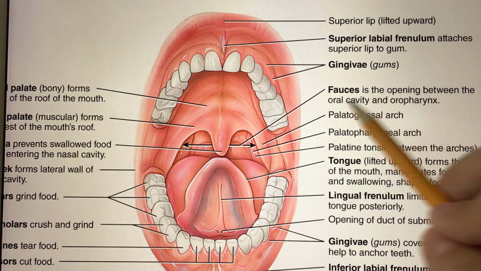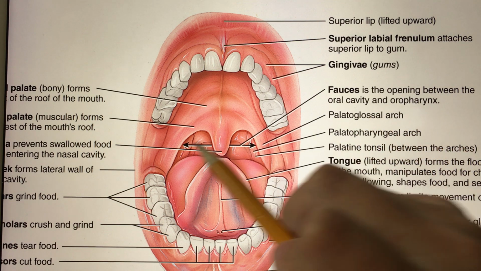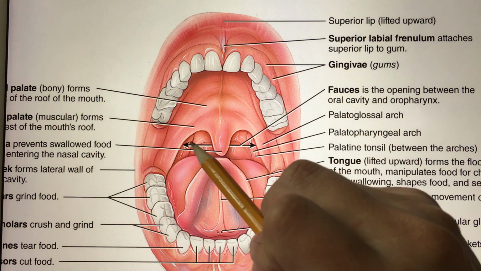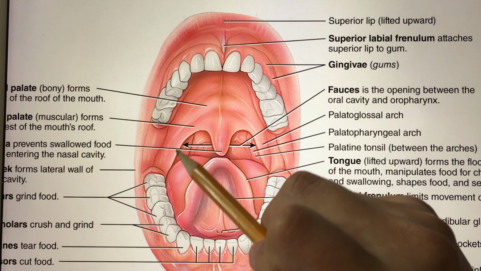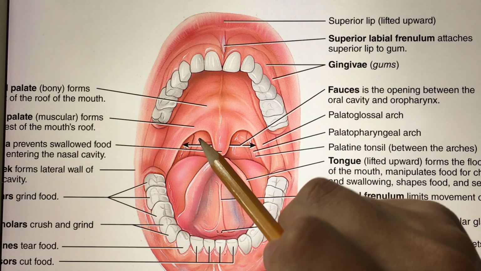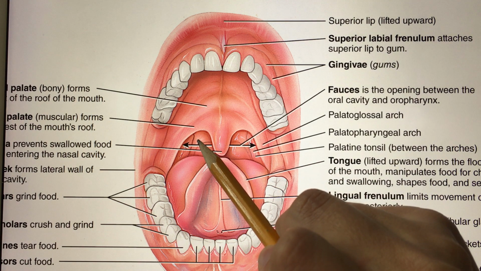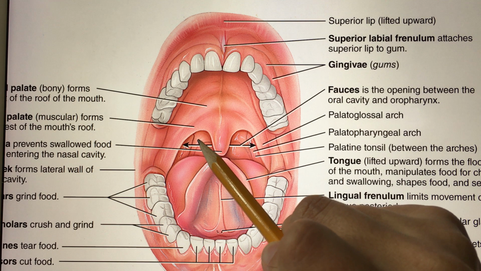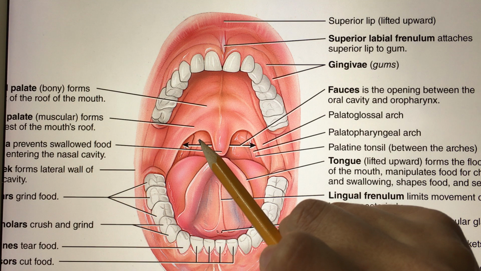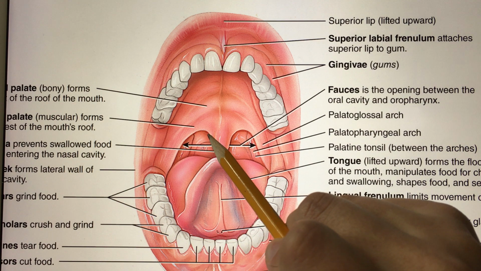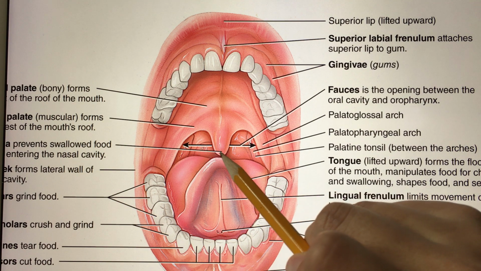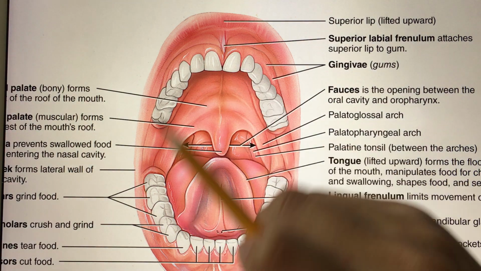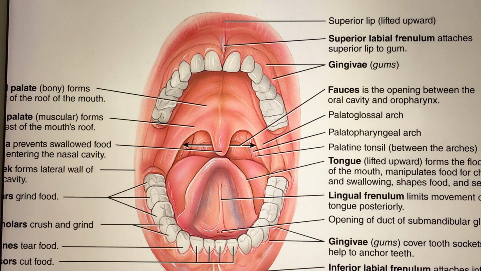It's the opening between the oral cavity and the oropharynx. So this is going to be the entrance into the pharynx. So technically the tonsils and then second arch, the palatopharyngeal arch, are already located in the pharynx, into the oropharynx and the throat. And everything in front of this arch, this arch right here with the uvula, is going to be oral cavity.